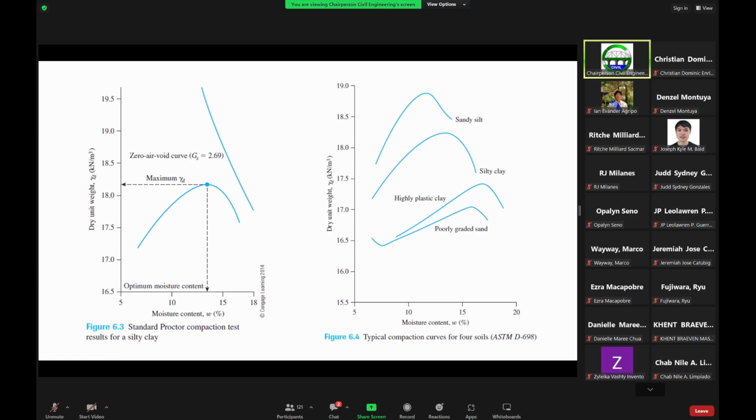So again, if you try to recall, the degree of saturation is the water content contained in the voids. Yeah, that's the degree of saturation.